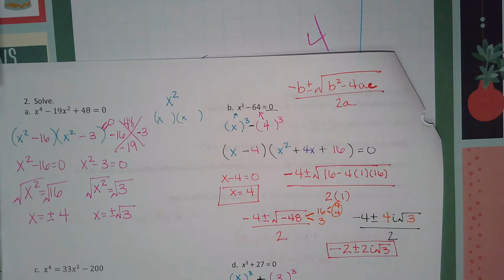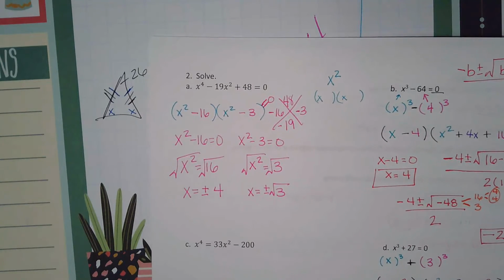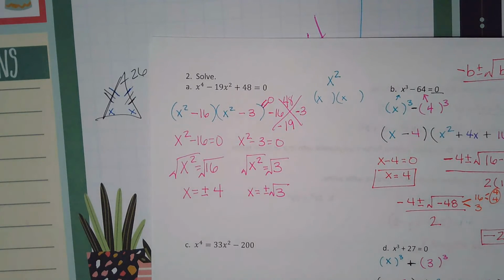But since they're set up like what we did in solving quadratics, it's just x squared equals a number. You can just isolate the number and take the square roots of both sides. You don't have to, for the solving part. For quartics, you could do the quadratic formula, but you would get 16 and 3 as your answers, and you would then have to set both of those equal to x squared and still solve them out, which is a lot more to do.